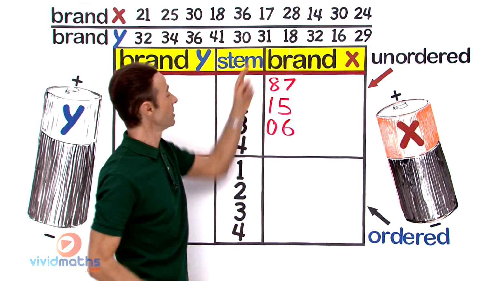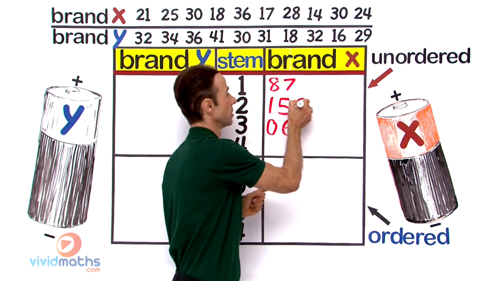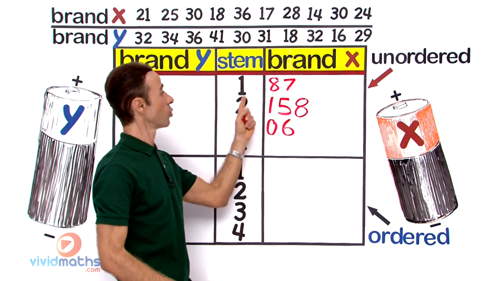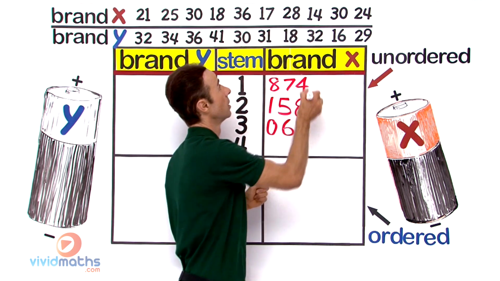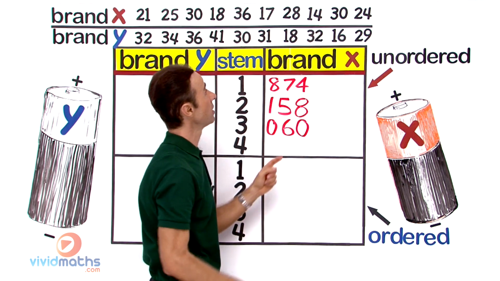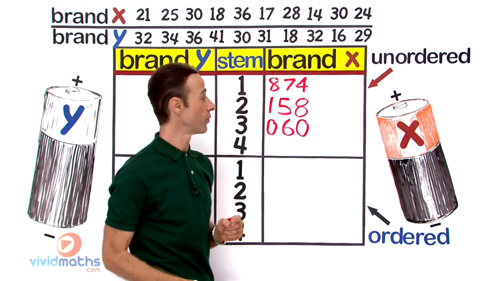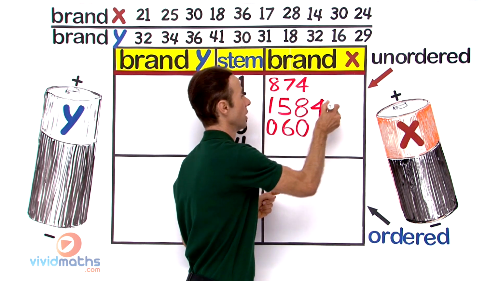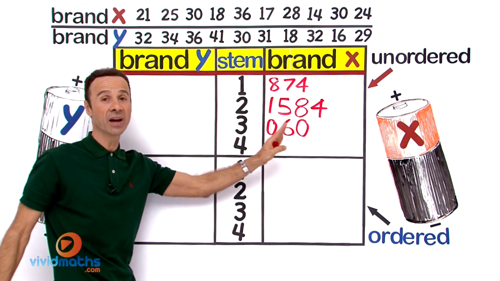We have 28, 2, 8. We have 14 right over there, which is 1 and 4. We have 30, 3 and 0. That's another 30. Then we have lastly 24. That's a 2 and a 4 right there. Okay, that's our brand X unordered.